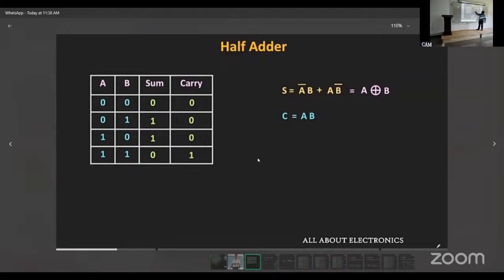This is A bar B. It may be A B or A bar B bar, depending upon whether you are taking A equal to 0 or A equal to 1.